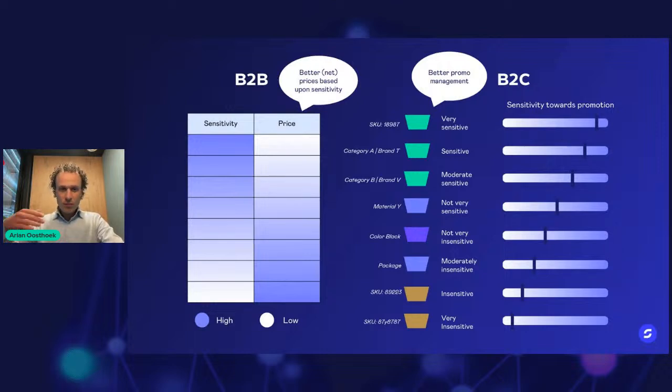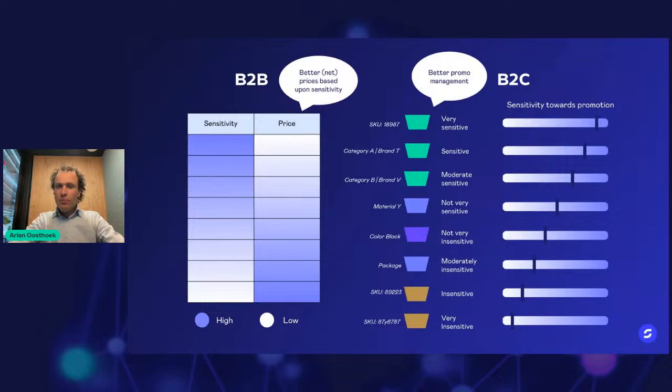Of course, the most sensitive products get a discount, and the least sensitive products get a markup. It's also really interesting for the company to see for which products the willingness to pay is higher than for others. So for which products can we let go a little bit of the cost-based approach, and price more on the price sensitivity of each product.